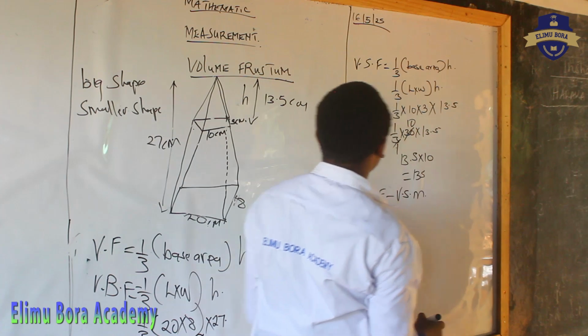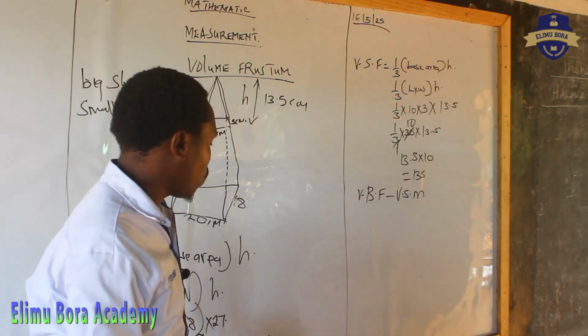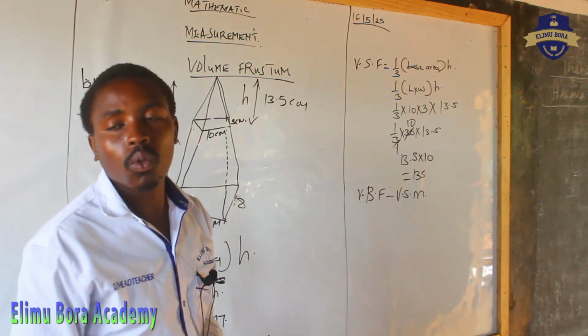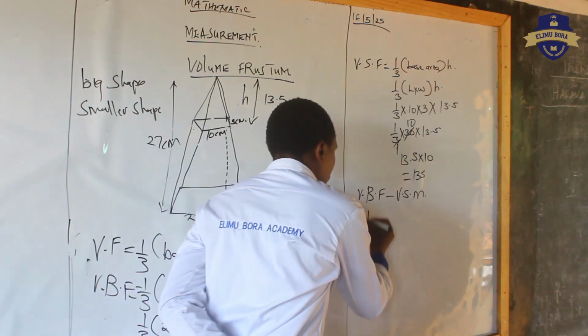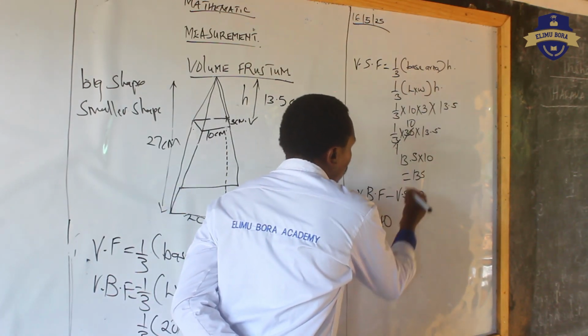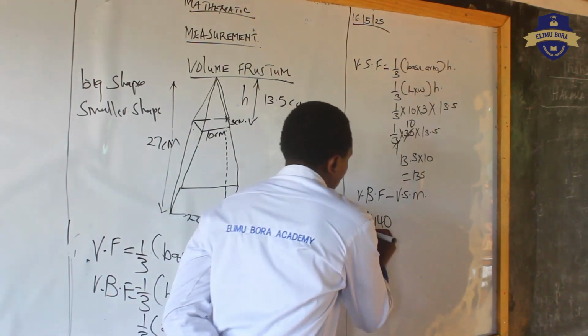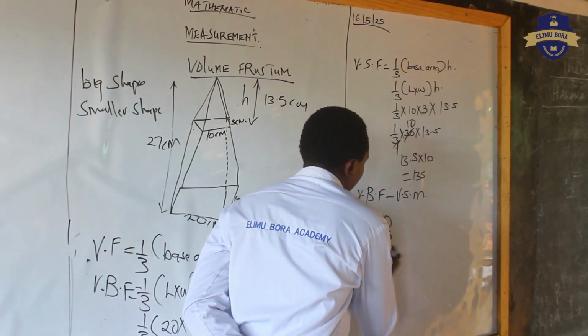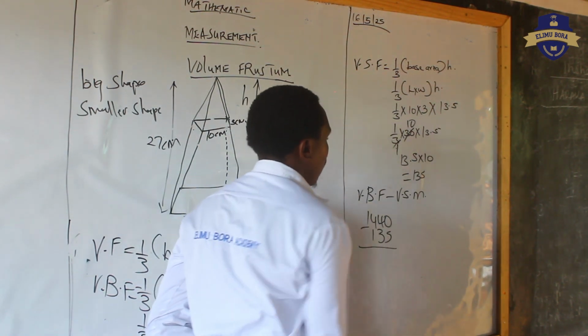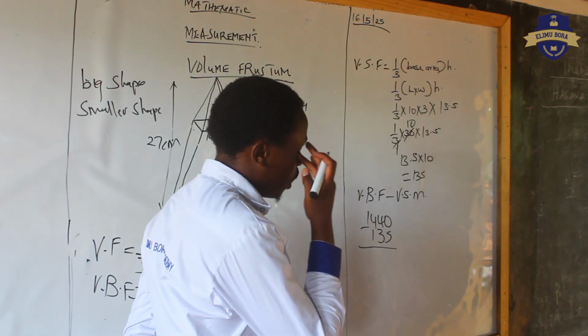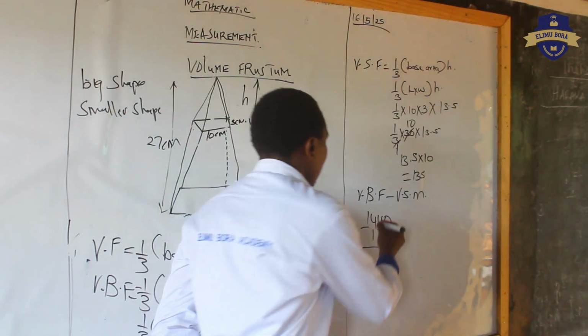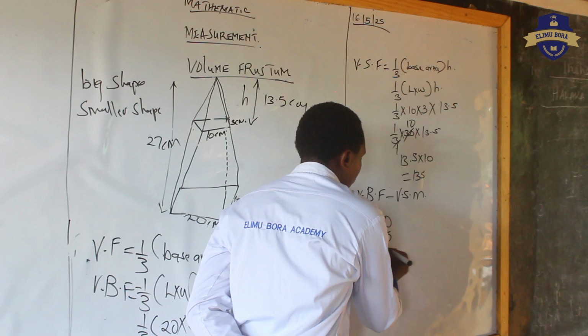So class, the volume of the bigger frustum is what? 1,440. We subtract our smaller one. And our smaller one is what, class? 135. So 0 minus 5 is impossible. We borrow 1, making the number 10. 10 minus 5, 5.